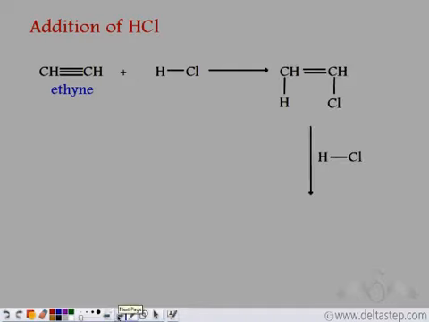Now when this is further made to react with HCl, the H of HCl attaches itself to the carbon atom. The double bond breaks into the single bond, and the Cl of HCl attaches itself to another carbon atom. So in two steps, the triple bond breaks into the single bond.